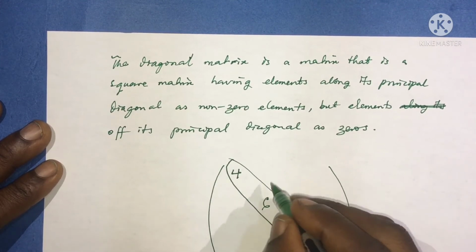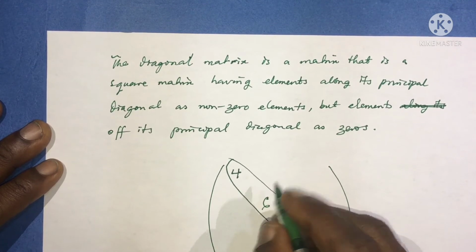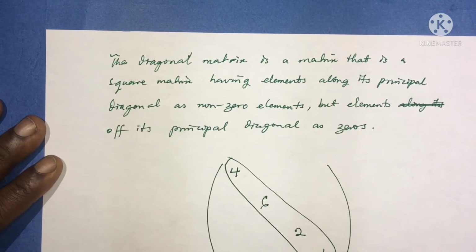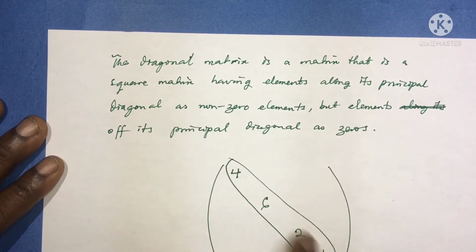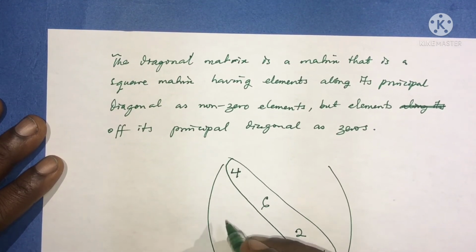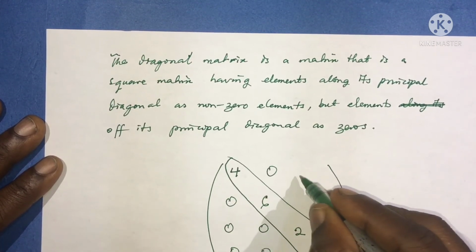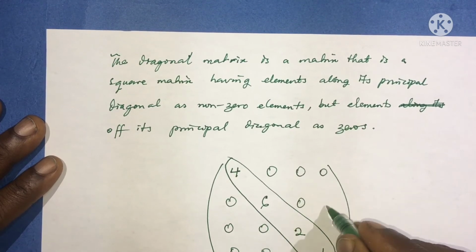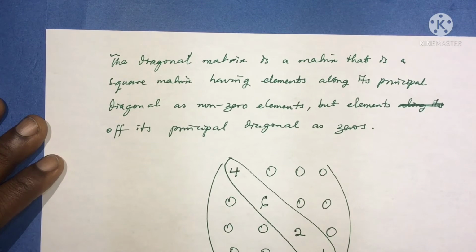If this matrix must be a diagonal matrix, take note, it must be a square matrix. Okay, so diagonal matrices are square matrices to start with. They are square matrices that have elements along their principal diagonal as non-zeros. So you will notice that this is 4, this is 6, this is 2, this is 1. But the other elements of the matrix will be zeros. Every other element in this matrix will have to be a 0 if this must be a diagonal matrix.